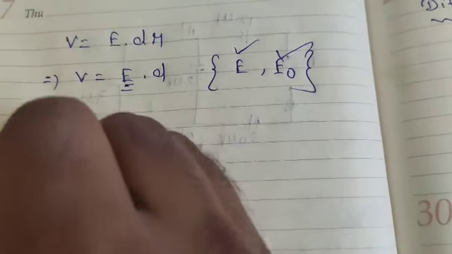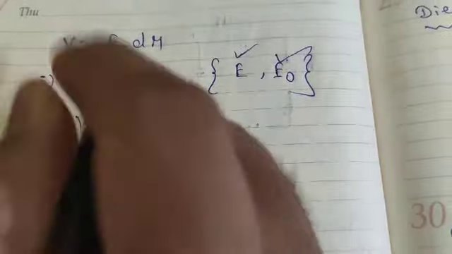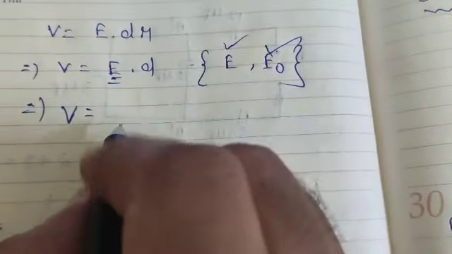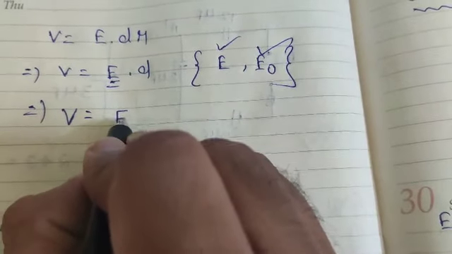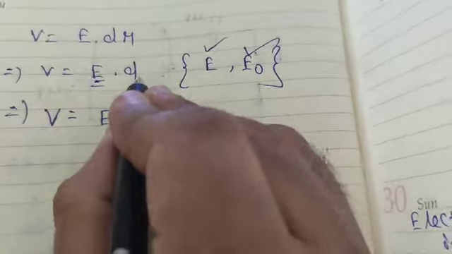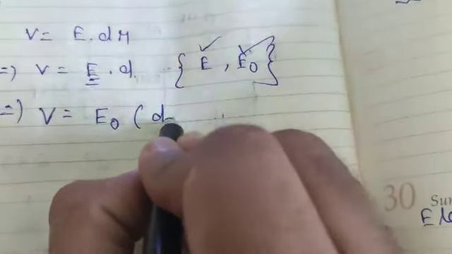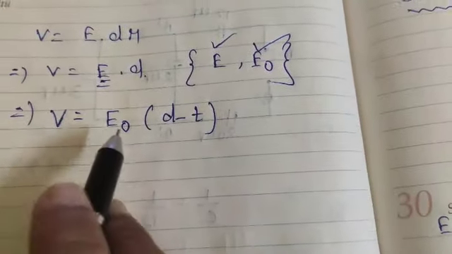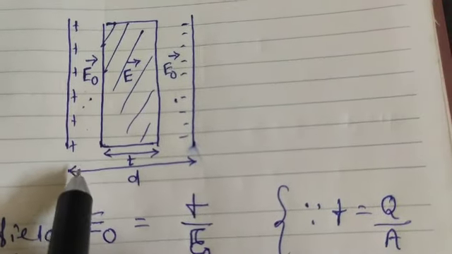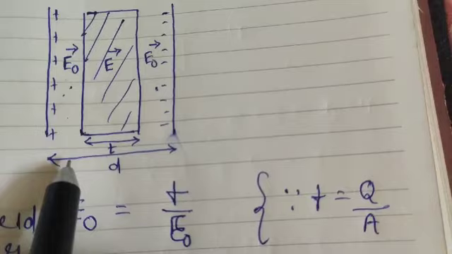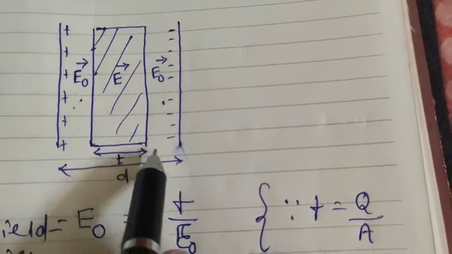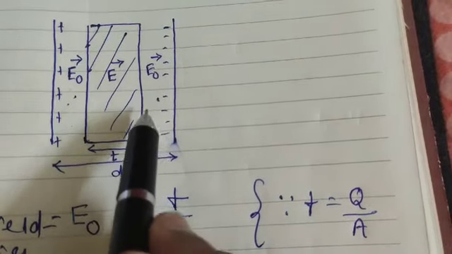So you can write V equal to one due to E naught into, instead of D, what will you write? D minus T, because E naught is this electric field. The whole distance between the plates is D, and this distance is T. So how much is left?